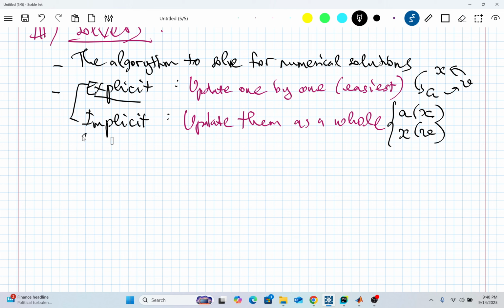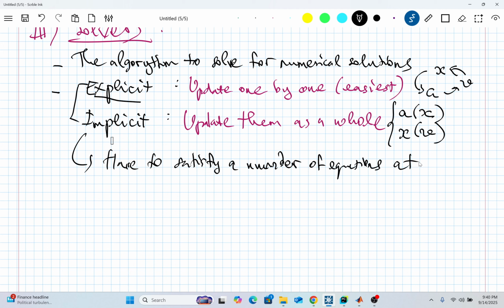That's where you have to build a special solver for that. Explicit is very easy. You update them one by one, but if you look closely, each of them is related to each other, so it will be best to solve them simultaneously, and that's the implicit one. It's much harder.